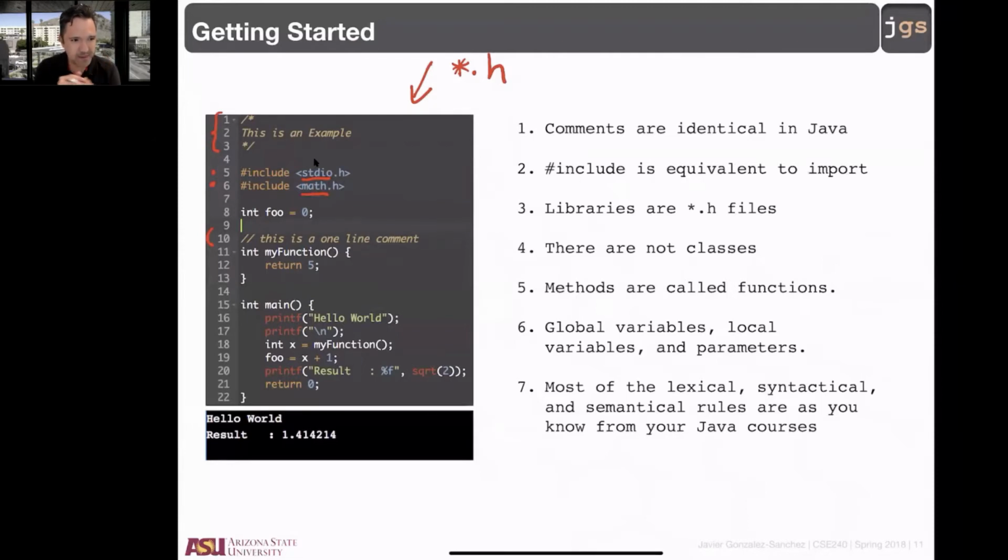Now, one important thing. In C and C++, the libraries are going to have the #include, and the name of the library is going to be between angular brackets or between quotation marks.